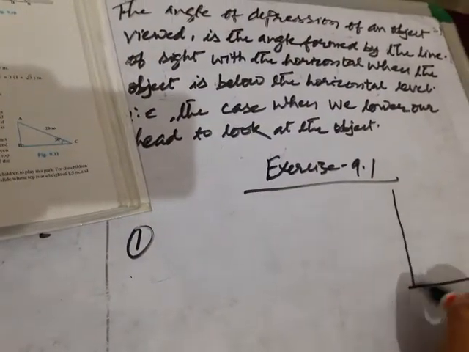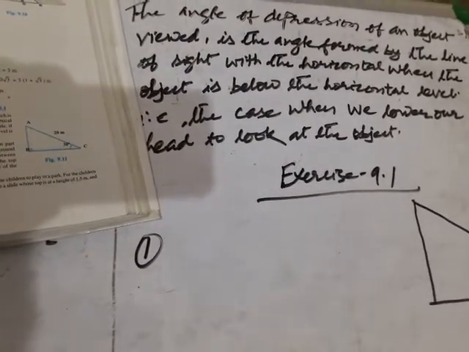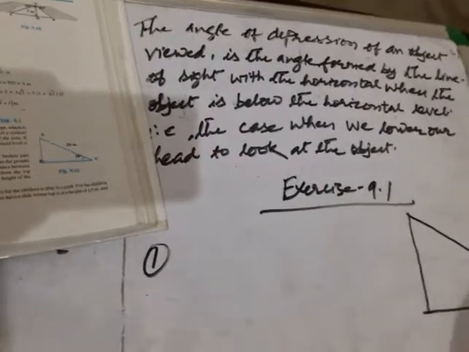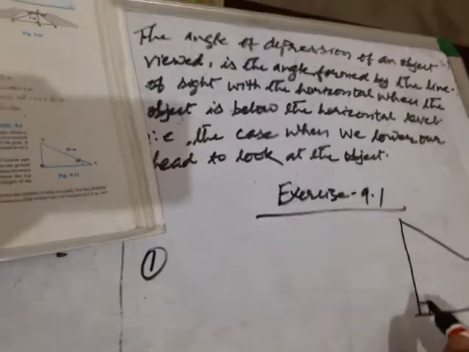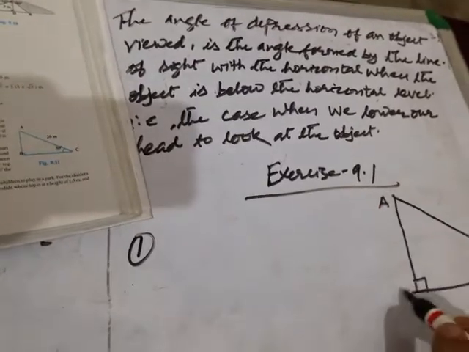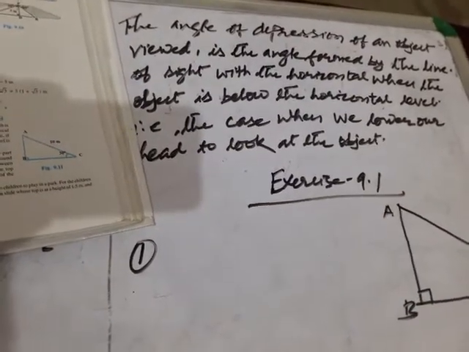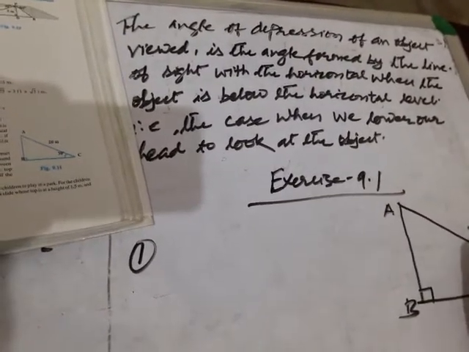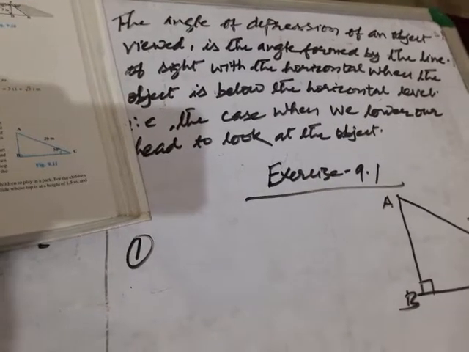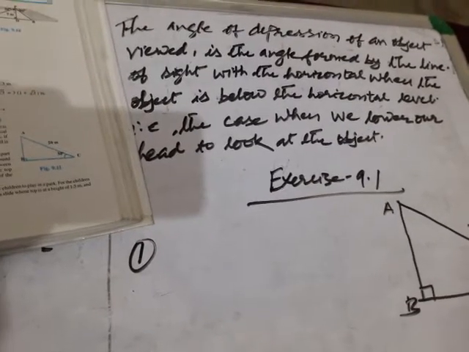Draw the figure. Generally a figure is not given in such questions. Here this is a right angle triangle. This is A, this is B, this is C. Here this is 20 meter, and this angle is 30 degree.